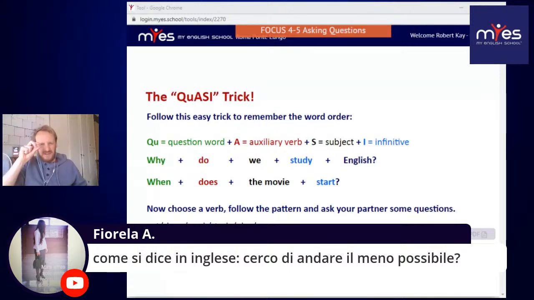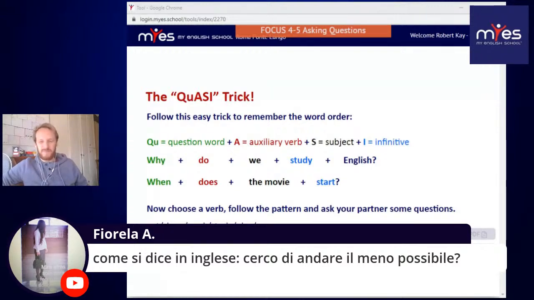It means I want to go a small amount. Yeah, me too. I try to go as little as possible as well.